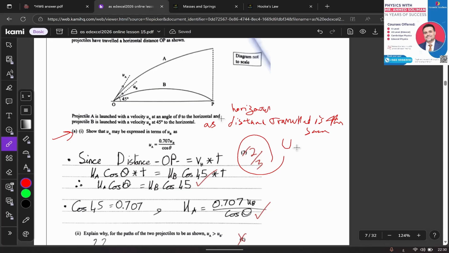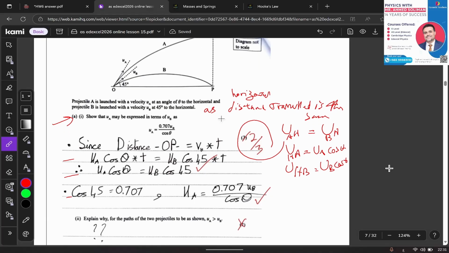U horizontal A equals U horizontal B. After that, U horizontal A equals UA cosine theta and U horizontal B equals UB cosine theta. After that, he can add all of this.